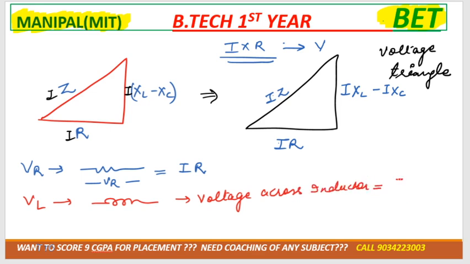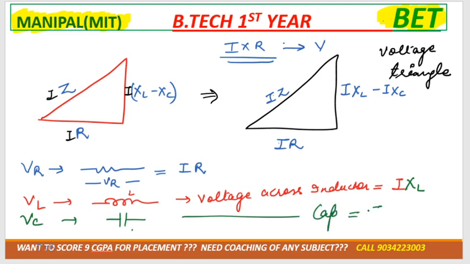Again according to Ohm's law, I into R. But since it is an inductor, we take the inductor's resistance, so that would be I into XL. If there is VC, that would be the voltage across the capacitor. What should be the formula for VC? I into XC. And what is the V over here? V is the total voltage. So total voltage V is equal to I into Z.